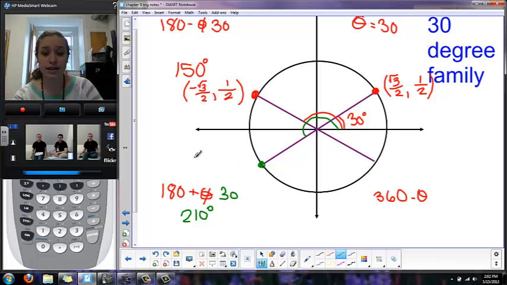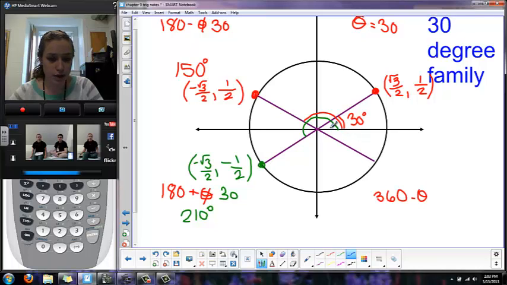The whole point is that these are exact values because the calculator will tell you what 1/2 is, but negative radical 3 over 2, it's not going to come up with that value for you. So the cosine of 210 degrees, our x's are still negative, so negative radical 3 over 2. And then the y's are negative down here as well, so we're at negative 1/2 for the sine.